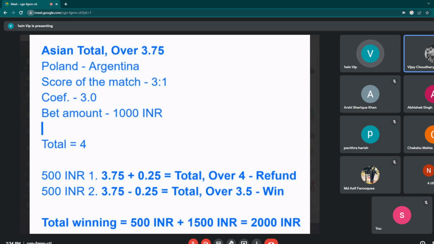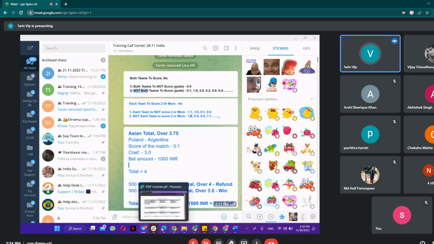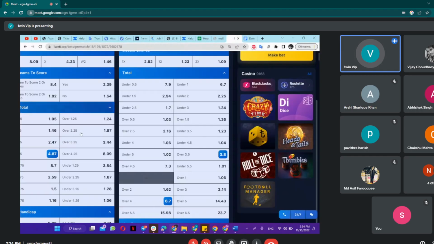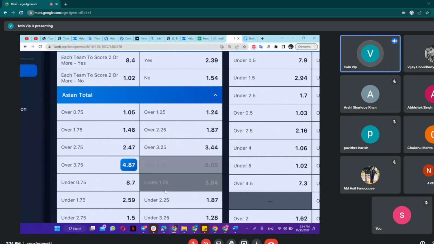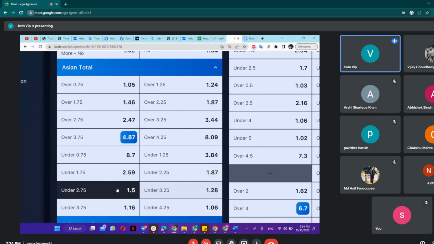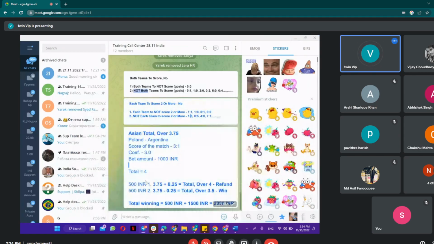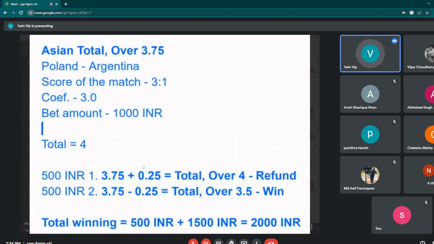And not exactly. Like Asian total, we don't have bets on over 3.5 or over 4 because it's a regular total. In Asian total, as you will be able to see on the website, it's always 3.75, 4.25, 2.25, 2.75, etc. So in Asian total, by default, placing one Asian total always makes two regular totals.